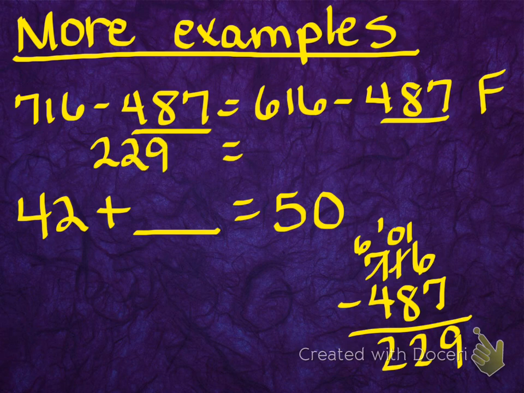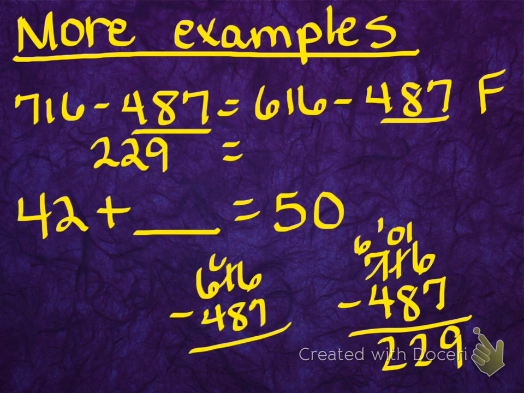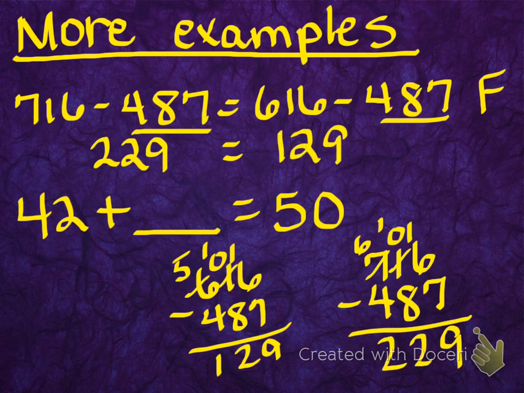And if I did my 616 minus 487, gives me 129. So that verifies that, yes, that is false, because 229 does not equal 129. All right, let's look at the next problem. This one's a little bit different.